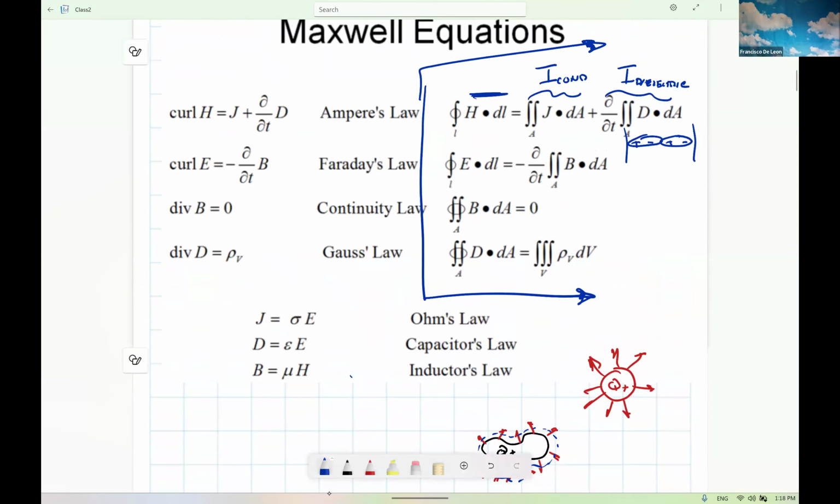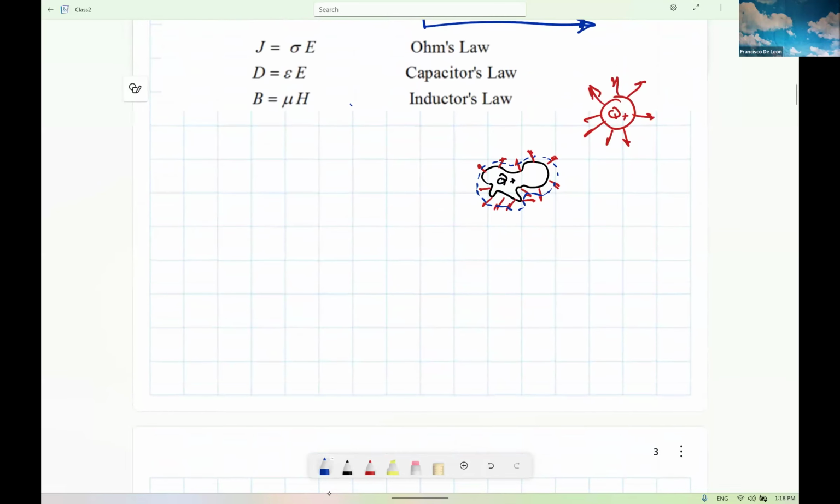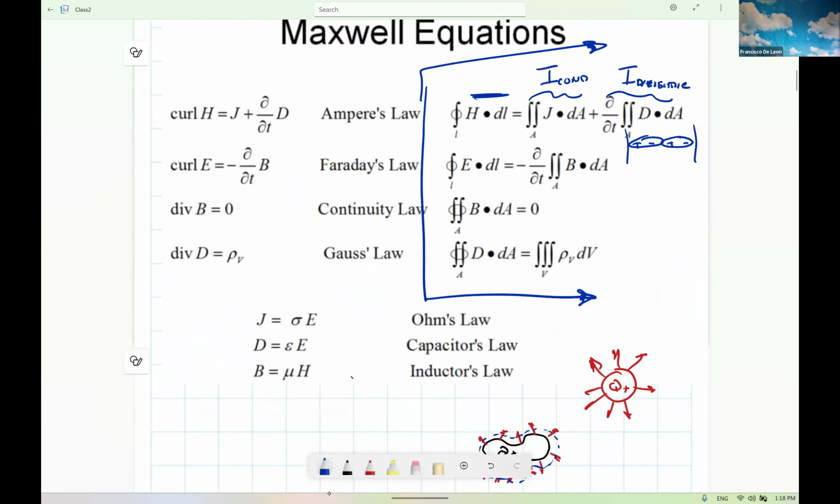All right, so let's look at what this Maxwell equation is saying. I am going to take the first one.